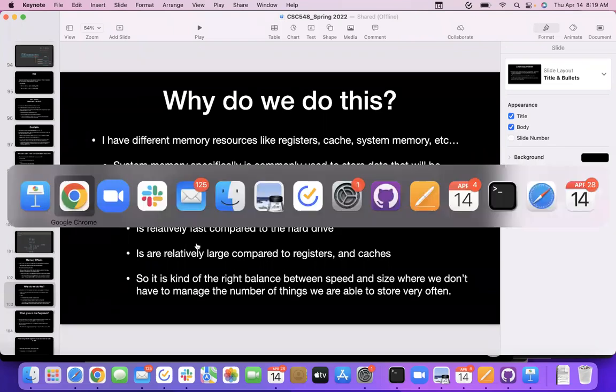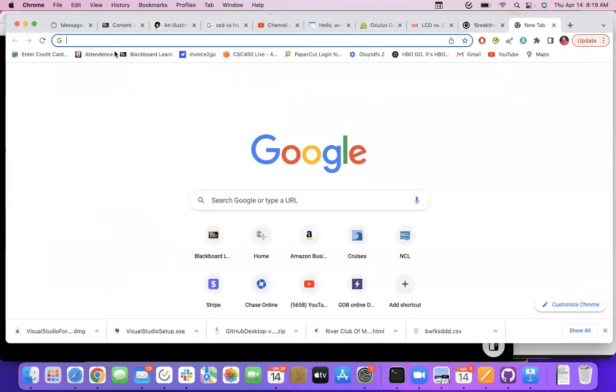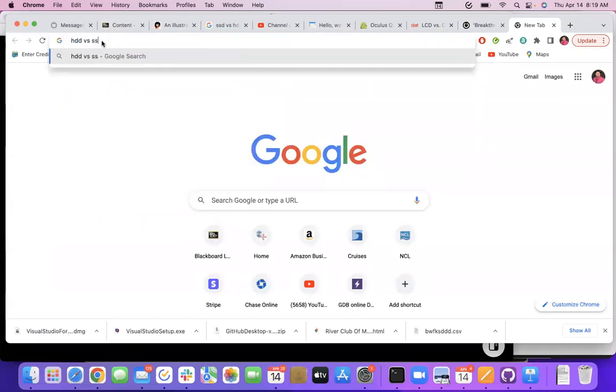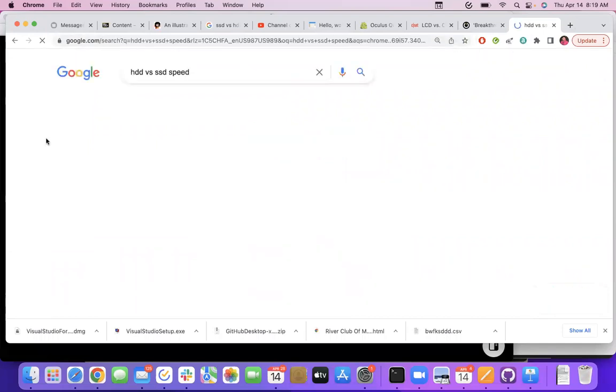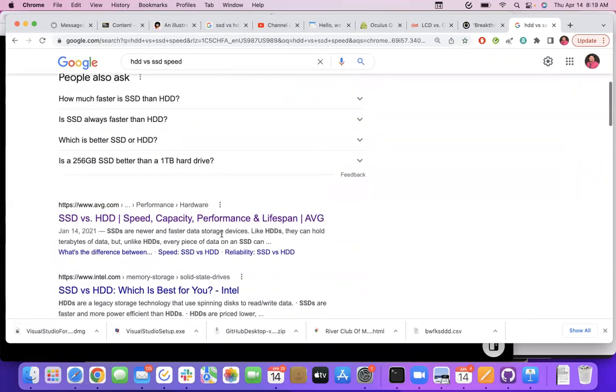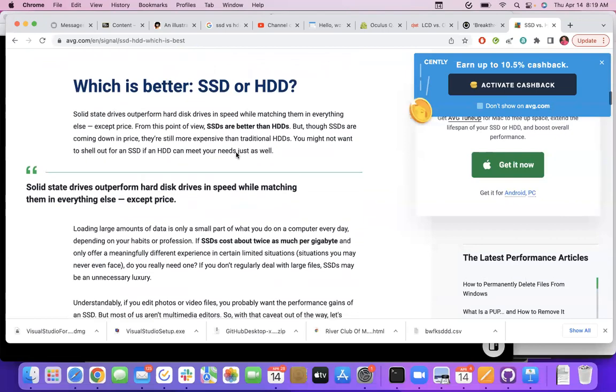I don't remember if we talked about that, but let me bring up a pretty fascinating comparison. Something's going to give us it in chart form.